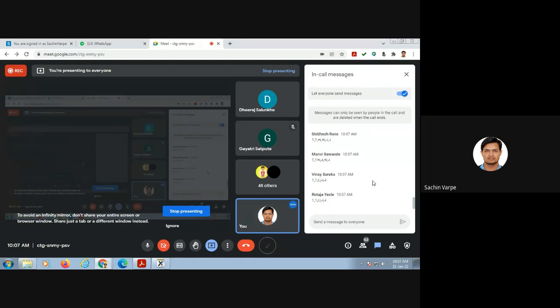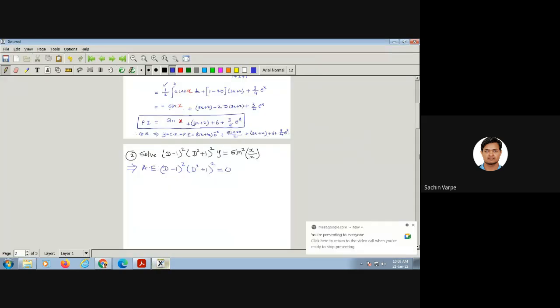ठीक है। So सबको रिप्लाई करना है, तब तक मैं आगे चलता हूँ। So write with these roots the complementary function. D equals to 1 repeated twice। इसके लिए see here, d square plus 1 के repeat roots है plus minus i, and that is repeated 2 times, you can see here। So plus minus i plus minus i, so how many roots in total? We have 6 roots.